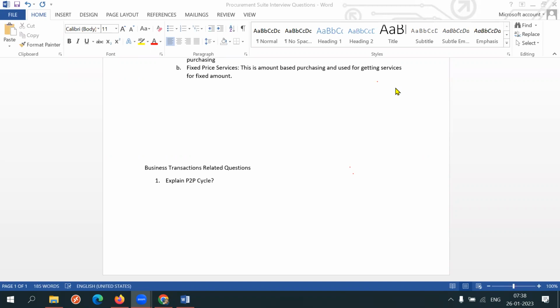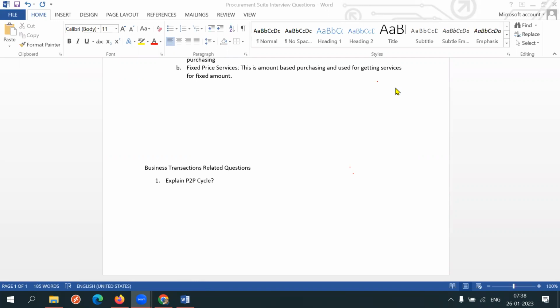Once invoice is done, we need to transfer it to GL. In between that, we need to do some configuration for subledger accounting. Please correct me if anything is wrong. I'll correct at the end.